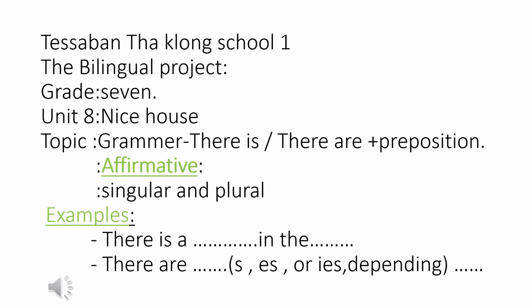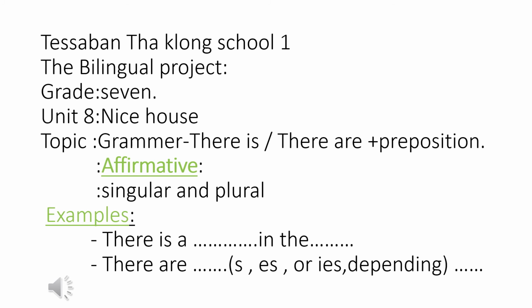And in this class, we are still looking at Unit 8, Nice House. In our topic today, we are going to look at the grammar part of it with two vocabulary words: there is, there are, plus the prepositions that we have already learned about.